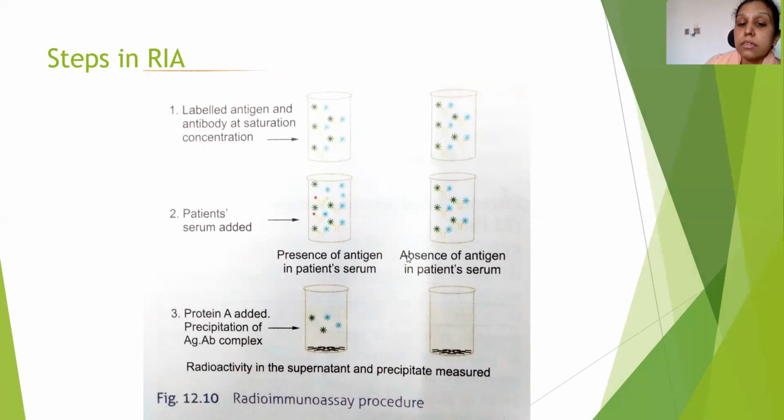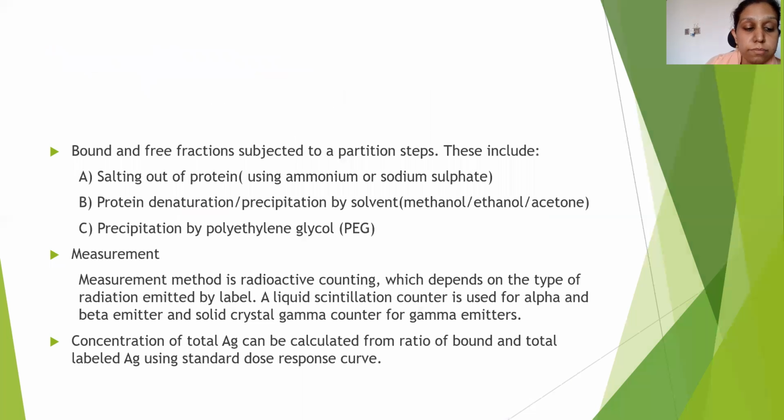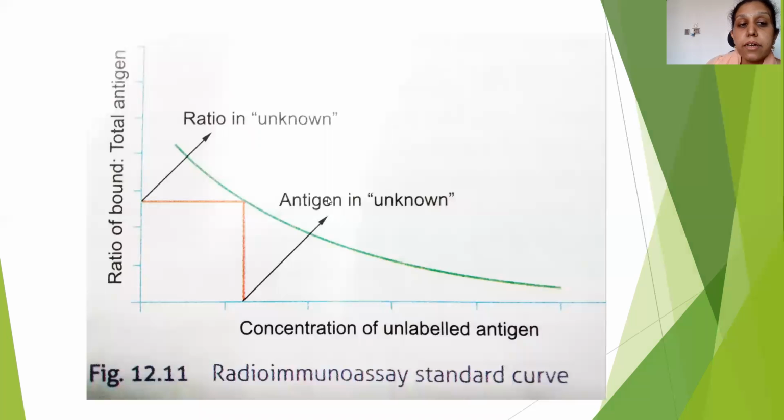And if there is no antigen in the patient serum, no precipitation will be formed. Okay. So how are we plotting this? We will see it by a graph between the ratio of bound to total antigen and the concentration of the unlabeled antigen.